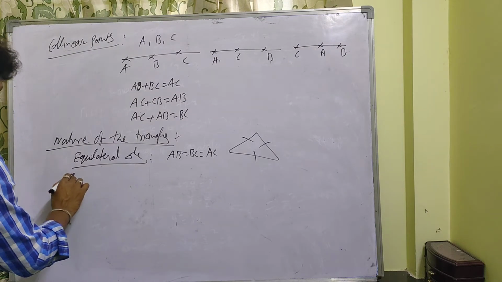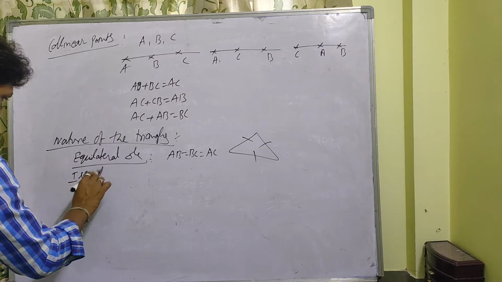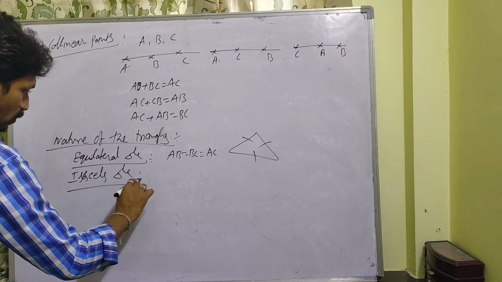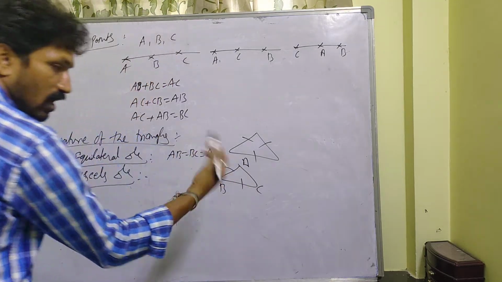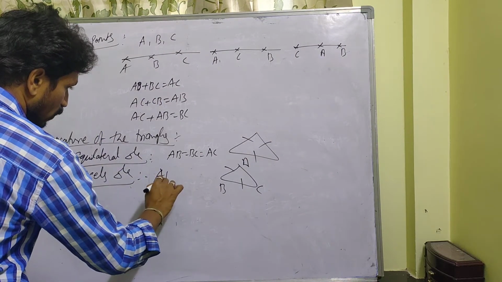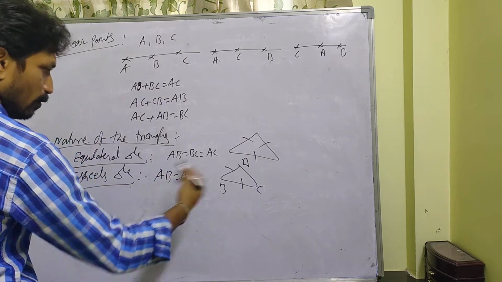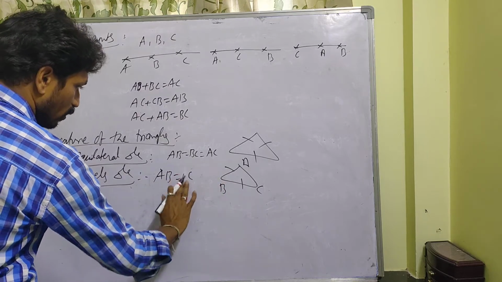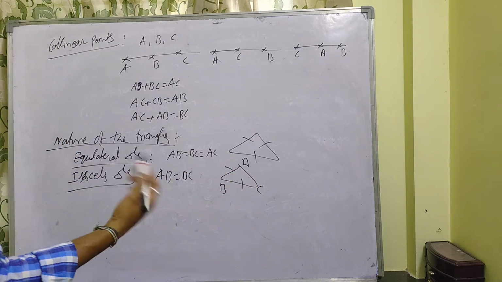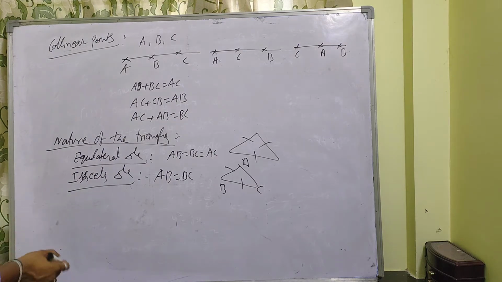Next, isosceles triangle. Isosceles triangle means if any 2 sides are equal and the other one is different. For suppose AB is equal to AC, but not equal to BC, and the third one will be different. Then you can say isosceles triangle.